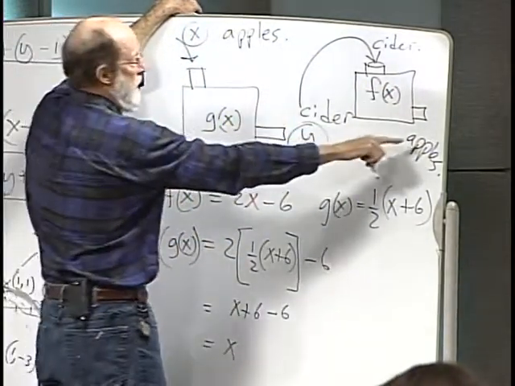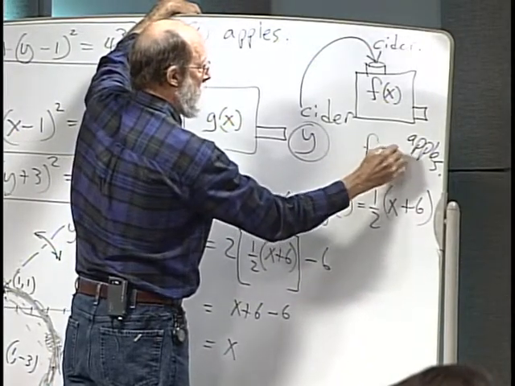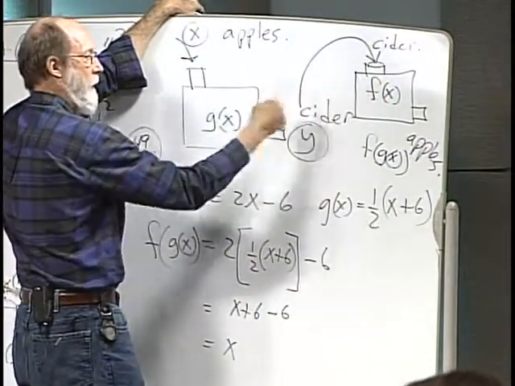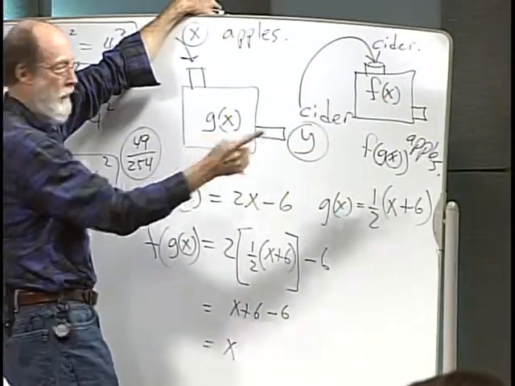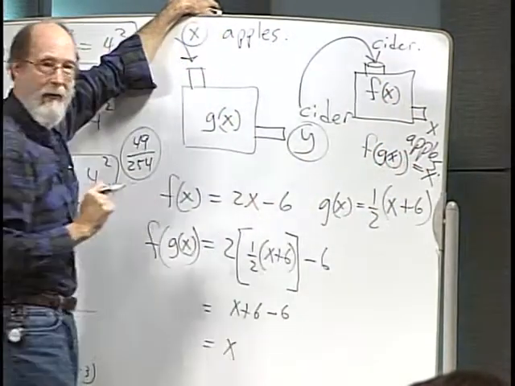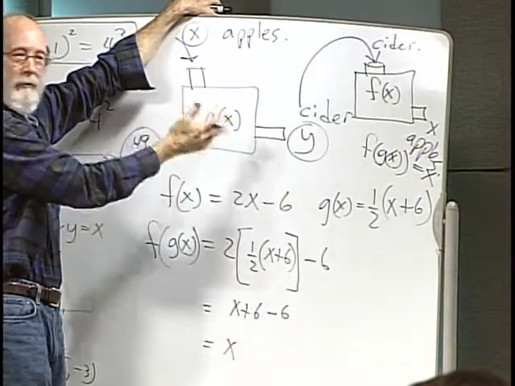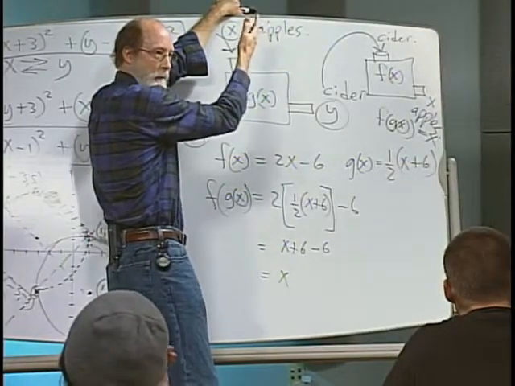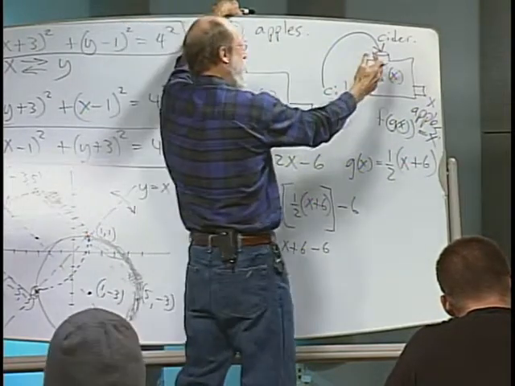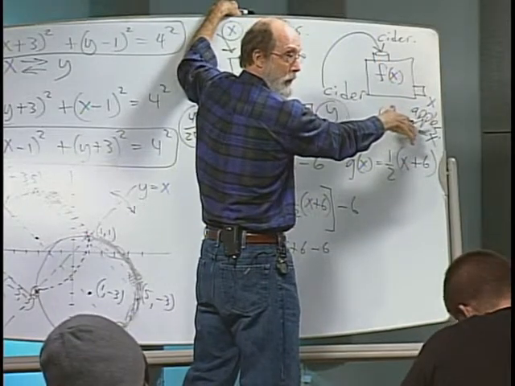And so what I'm getting out the door over here is f of g of x, where one machine is the reverse of the other, and you get back what? What you originally started with. So everybody can remember this little story. If you take a function and create an output, and then you take and run it through what's called the inverse process, you'll get back what you started with.